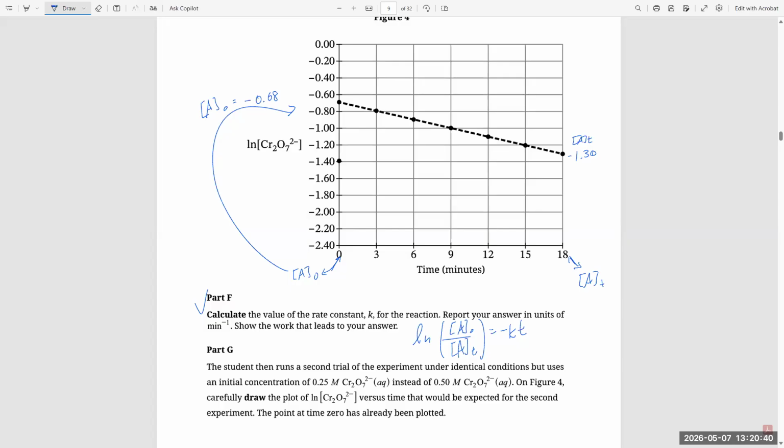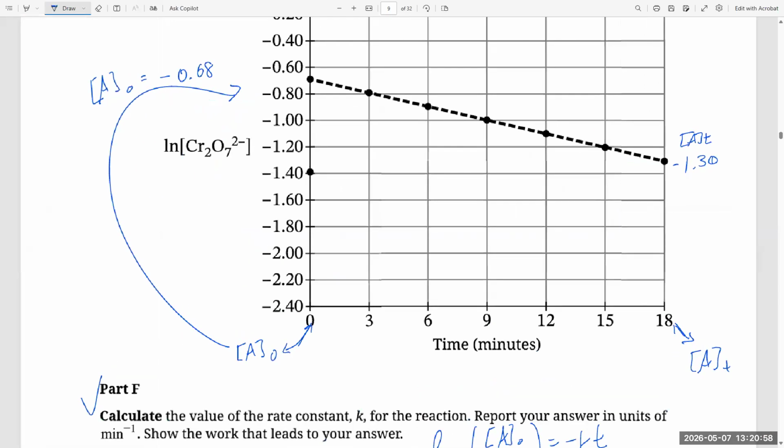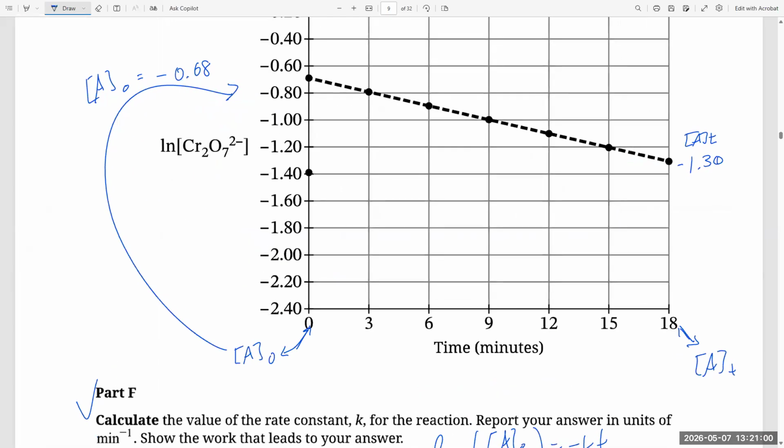In the first order rate law, the slope is k, your rate constant, right? So therefore, you don't expect anything to change. Same chemistry, same equation, same reaction, right? Half the concentration. What happens? That means the starting point is going to change, which they already gave to us anyway. So I don't even understand the point of this question, since the slope is going to be identical, right?